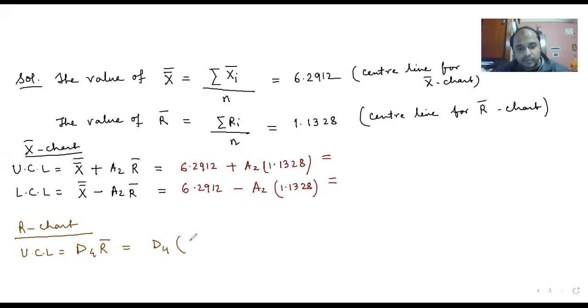So D4 will be multiplied by 1.1328, and D3 will be multiplied by 1.1328.